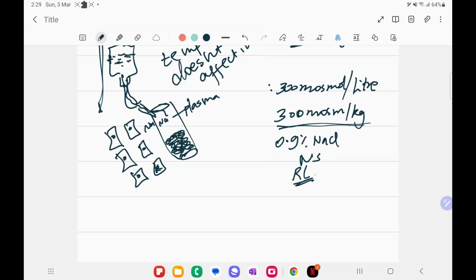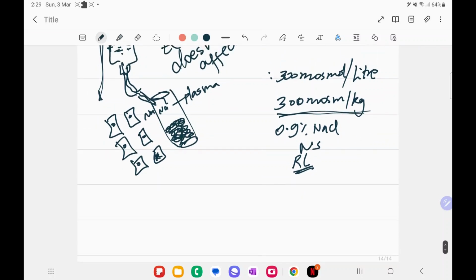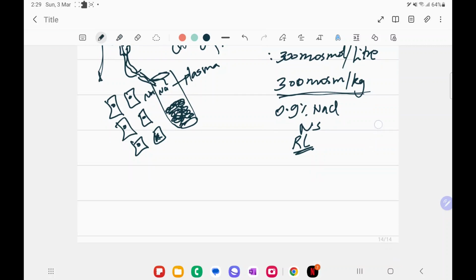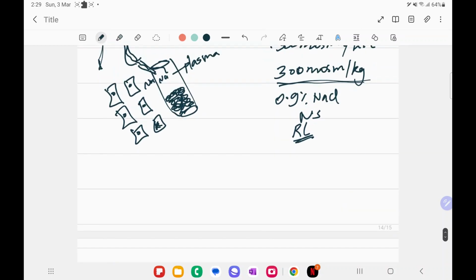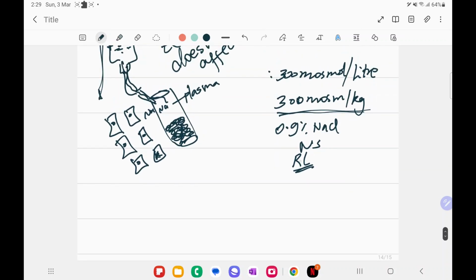But of course, there's hardly any difference. These come under the crystalloid infusions that we give. There's something called colloid infusion and crystalloid infusion. We'll eventually deal with this when we go to the pharmacology section, which I will be starting soon. Until then, just understand that Ringer's lactate and normal saline, which is 0.9% NaCl, has an osmolality of around 300 milliosmoles per kilogram.